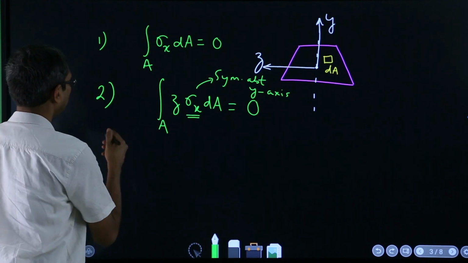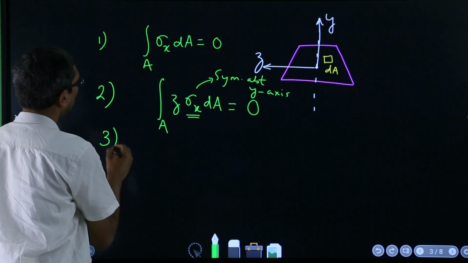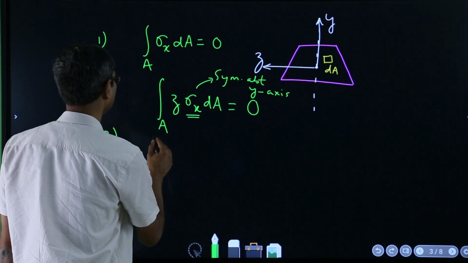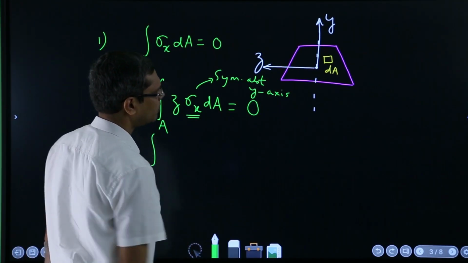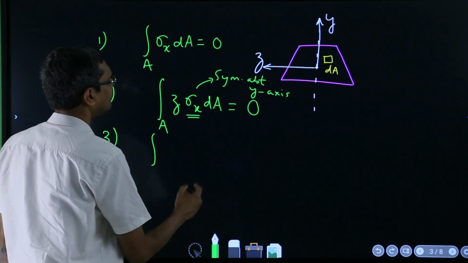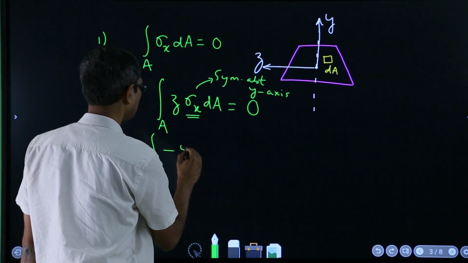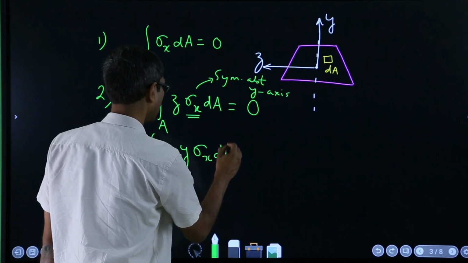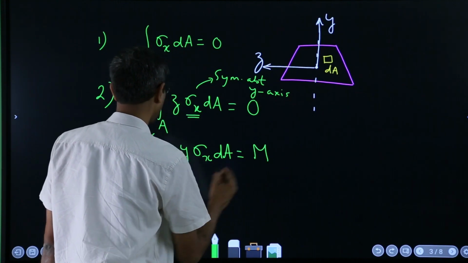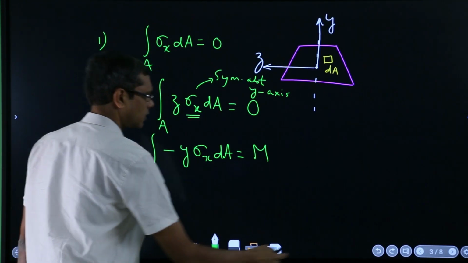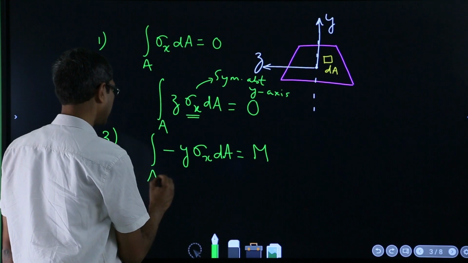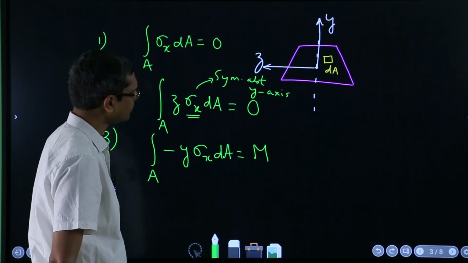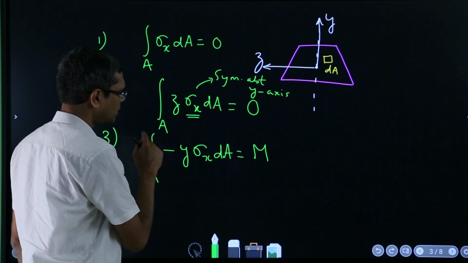But the third equation will give us more information, and that is if I take the moment about the z axis. That gives minus y times sigma x dA, integrated over the area A, equal to the applied moment m. I'll talk a bit about this minus sign.